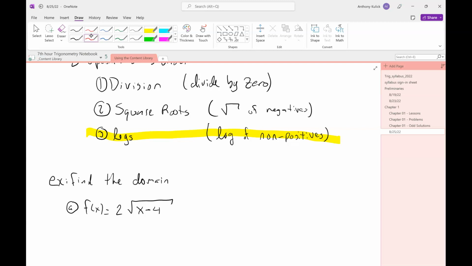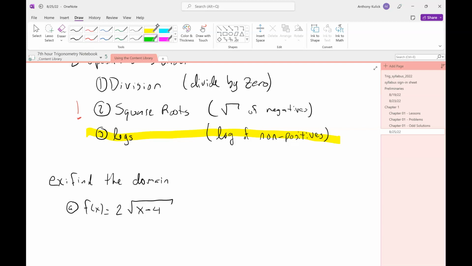The first thing I'm going to ask, is there any division going on in this problem? No, there's no division in there, right? Everybody agree? Okay. Is there any square roots going on in there? Yes. So that part I definitely need to worry about.